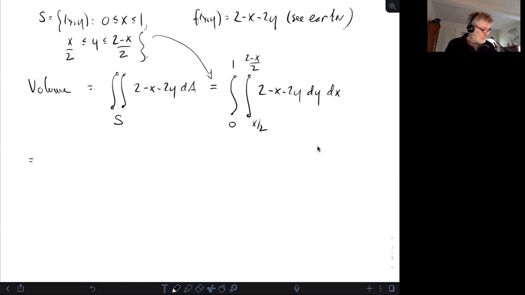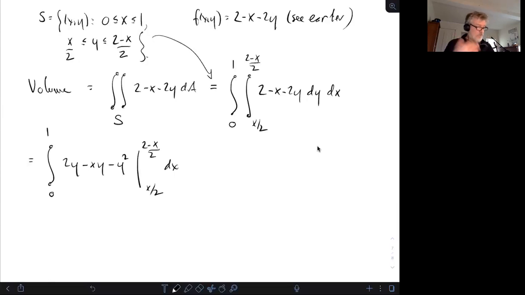And so, again, start on the inside. I'm integrating with respect to y, so this is 2y minus xy minus y squared between x over 2 and 2 minus x over 2.